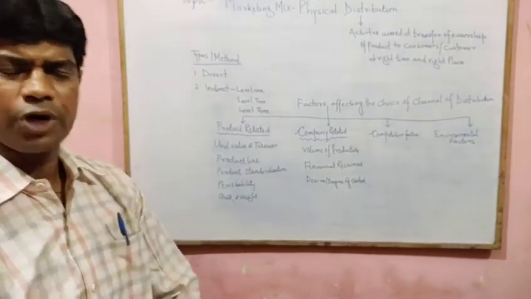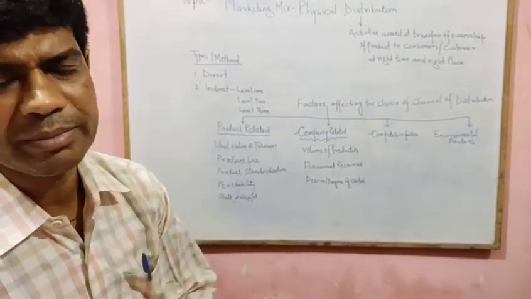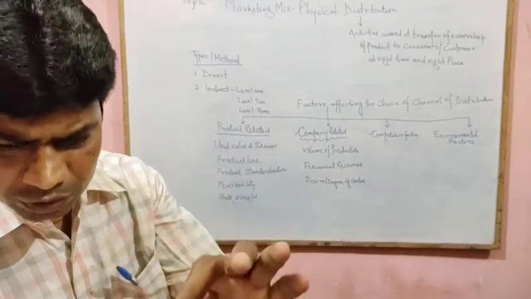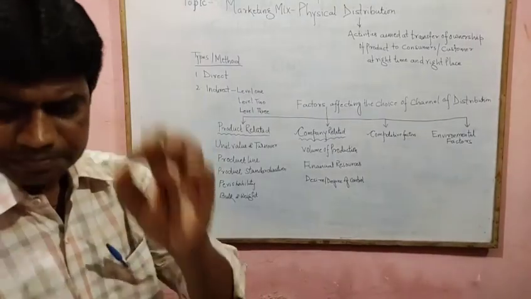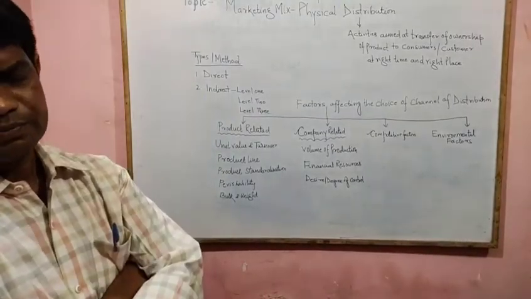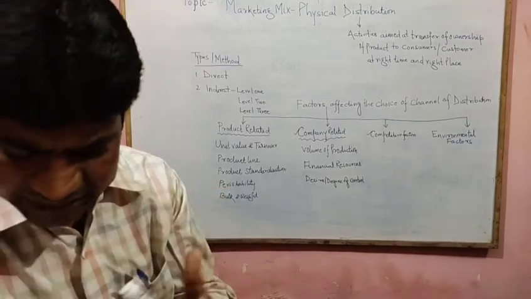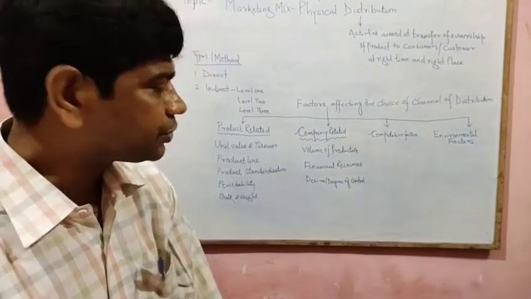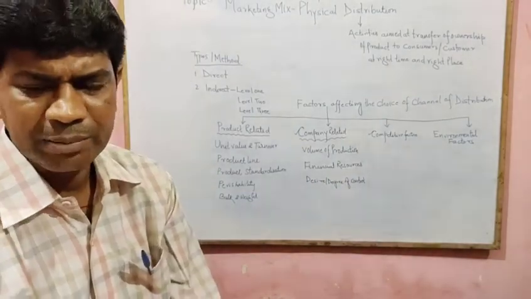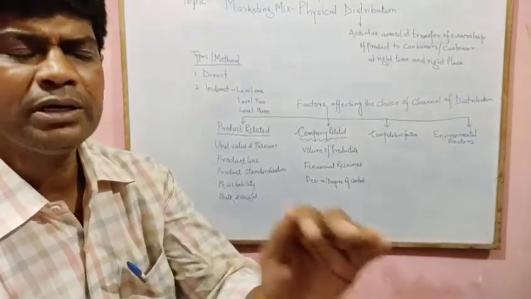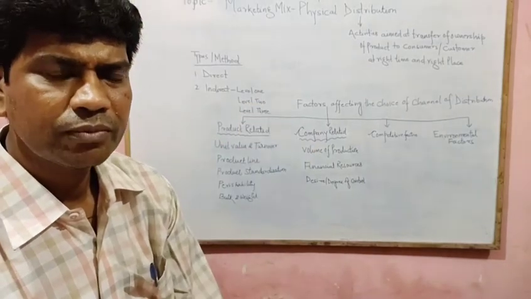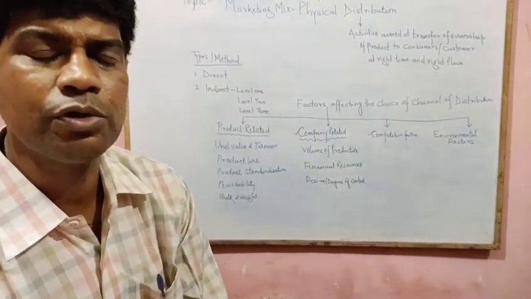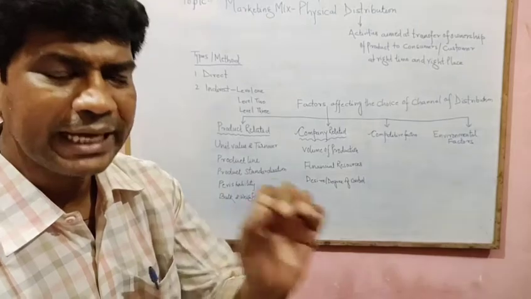Generally, the types of channel may be either a zero intermediary channel, where there are no intermediaries, or there can be level 1, level 2 or level 3. Zero level channels are also termed direct channels.